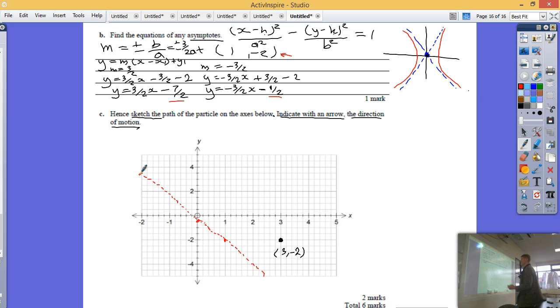There's one asymptote. Just to ensure that we're showing the assessor that we're paying attention, let's put in the equation there. And let's do the same for the other asymptote. 3.5, -3.5 is there, and that's going to pass through the center point.